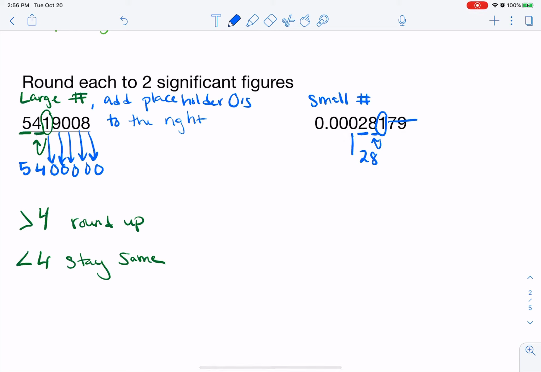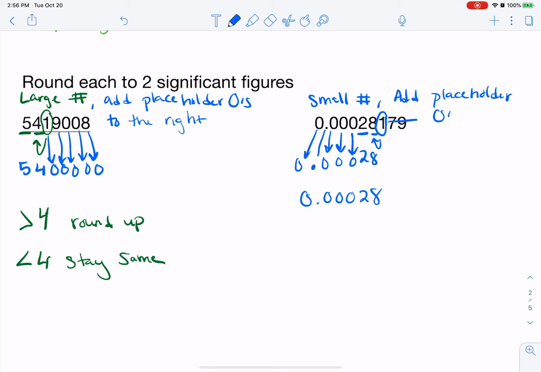But we need to keep these placeholder zeros here. And the decimal. Okay, so my answer is 0.00028. So here you need to add placeholder zeros to the left.